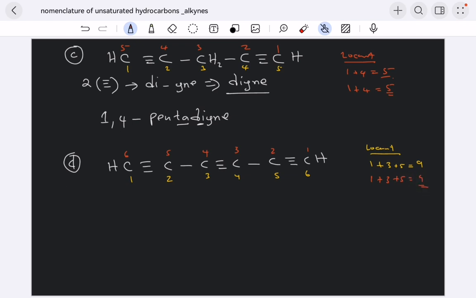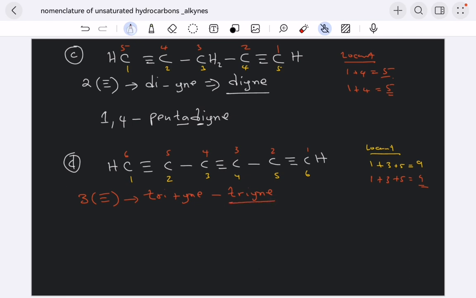So whichever direction is correct. Now here we have 3 triple bonds. So 3 in chemistry means tri. So it's going to be tri plus yne, then becomes triyne. So that's what we're going to use.